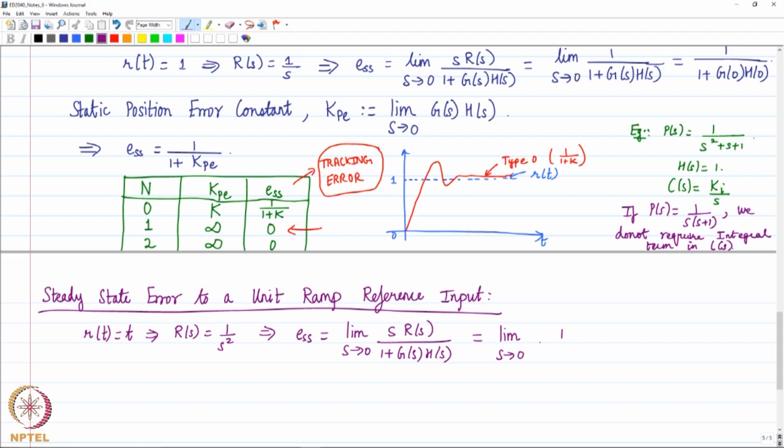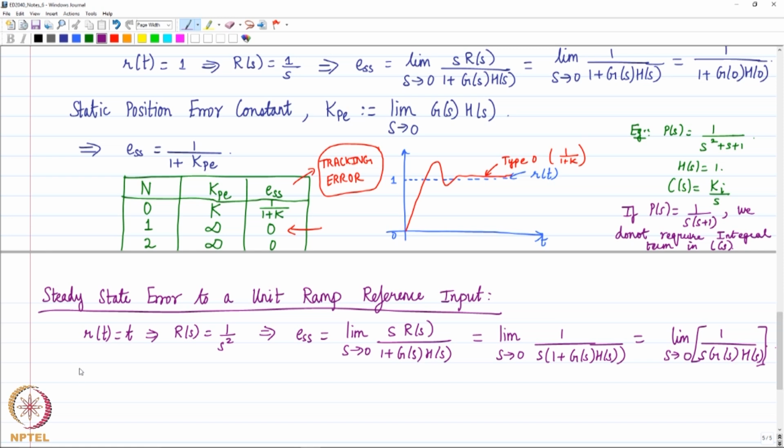So, one s will get cancelled, I will be left with one more s term. So, this will give me limit s tending to 0, 1 divided by s times g of s h of s.